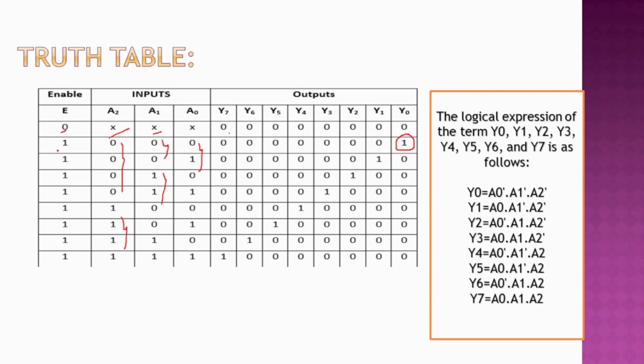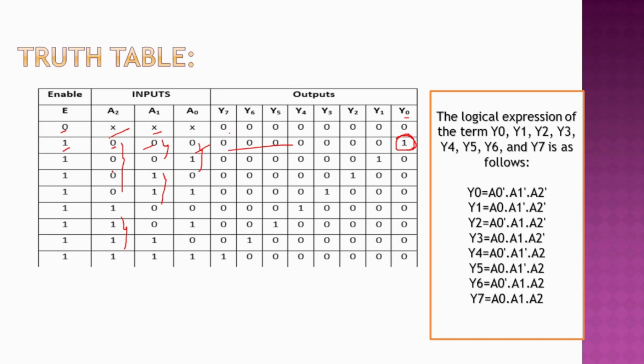Afterwards the enable pin is enabled with 1, and A2 is 0, A1 is 0, and A0 is 0. If you give 3 inputs as 0, you will get output in Y0, and the remaining will be low, that is 0. Like that your output will be passed from one to another.